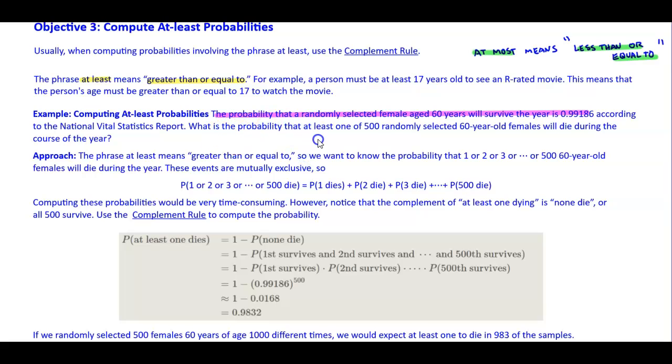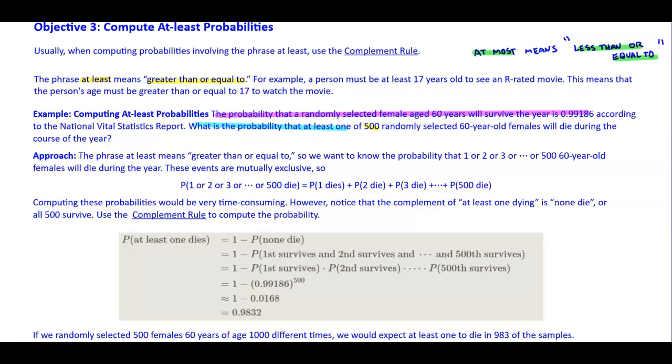So we need to be careful with this question. We're looking for the probability that at least one of the 500 randomly selected 60-year-old females will die during the course of the year.